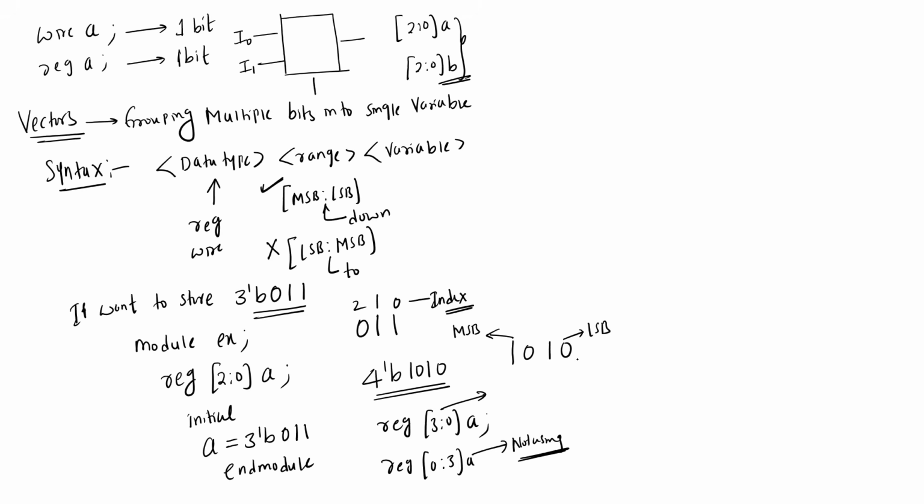The size is declared as 3 down to 0. 3 down to 0 means horizontally 4 locations will be created, and it will store 1010 like this. Did you understand the vector?